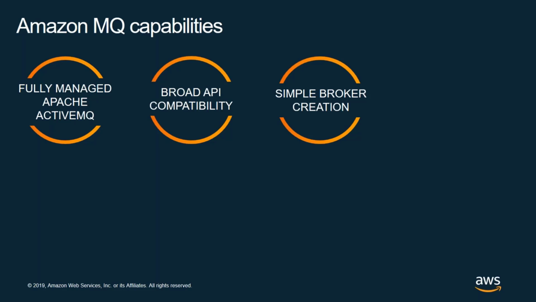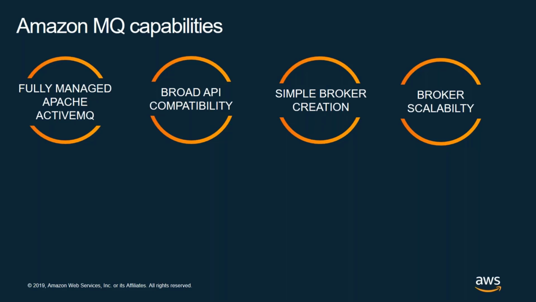With Amazon MQ, it's extremely simple to create a message broker. You go to the console, you select create a broker, you pick instance size, and in about 10 minutes, your broker is up and ready to go. And we provide broker scalability. So we provide vertical scalability, starting with instances, for example, the T2 micro instance, which actually has a free tier.